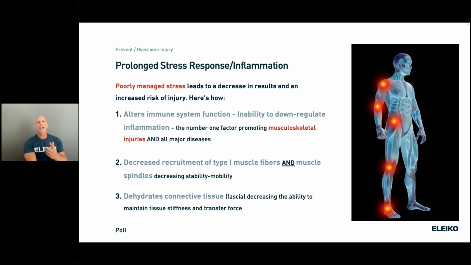The third thing is we have dehydrated connective tissue. When we have a prolonged stress response, the connective tissue is now dehydrated. So let's walk through this. I have inflammation. I have decreased muscle contraction ability. I can't turn the muscles on at the right time to stabilize the joint. Muscles work with connective tissue, your fascial matrix.